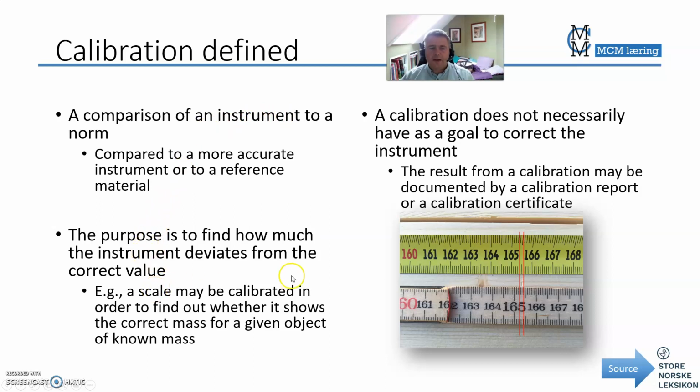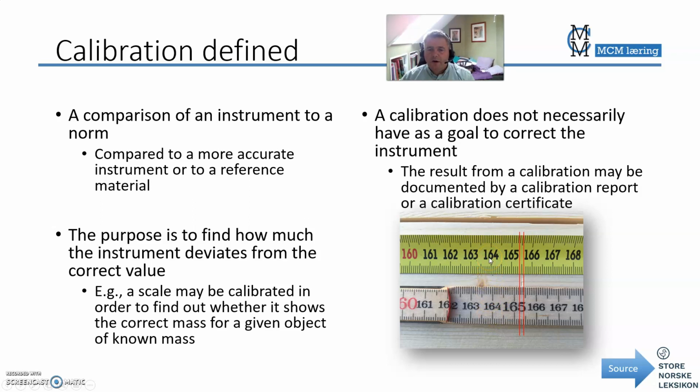So for example, a scale may be calibrated in order to find out whether it shows the correct mass for a given object of known mass. So here you have, for example, 2 meters, and this is a true picture that deviates about 2 millimeters when you come to 165 centimeters. So this shows that the calibration process here clarifies how much these two deviate from each other.